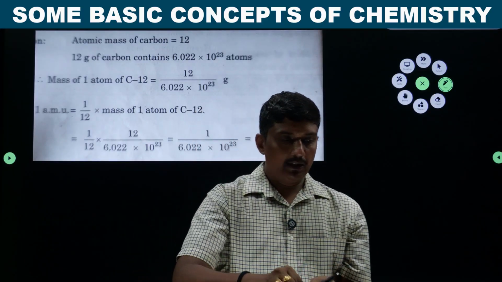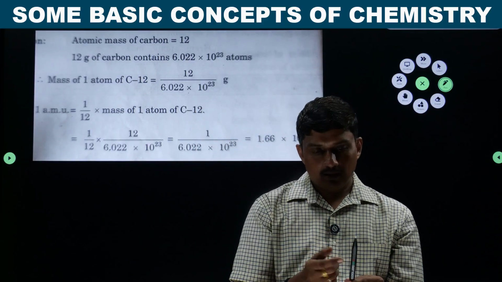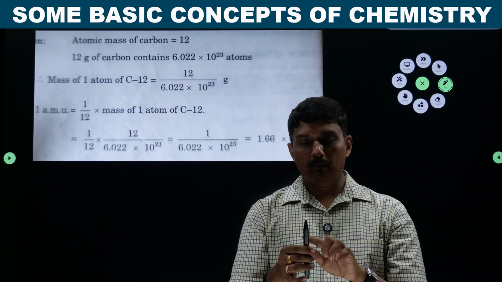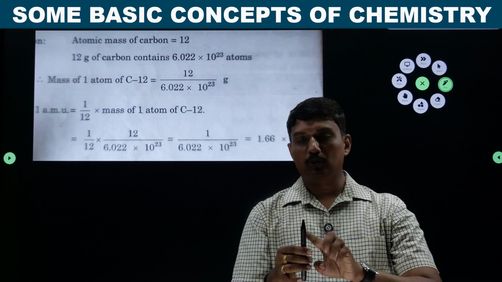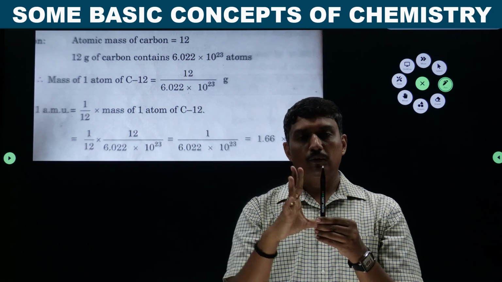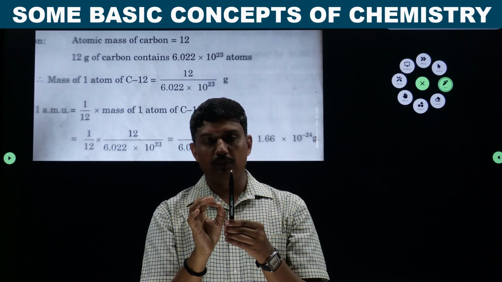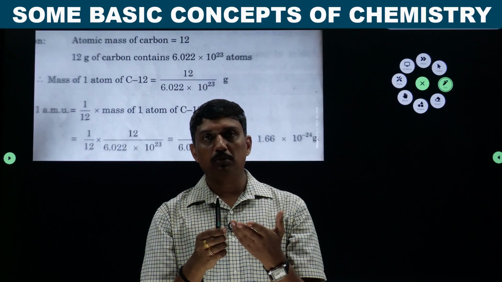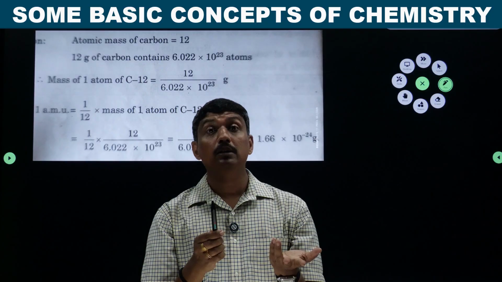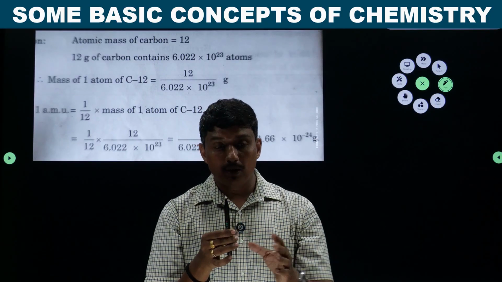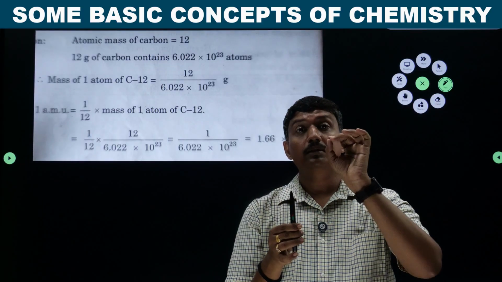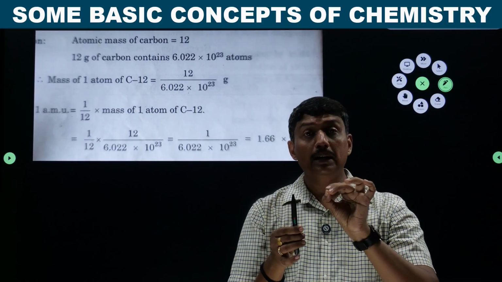You will tell it is 3 times, or 4 times the length of this pen. I know the length of this is 12. 2 times means 24 centimeter. 3 times means 12 into 3, 36 centimeter. You are comparing an unknown with a known, hence it is said to be relative.